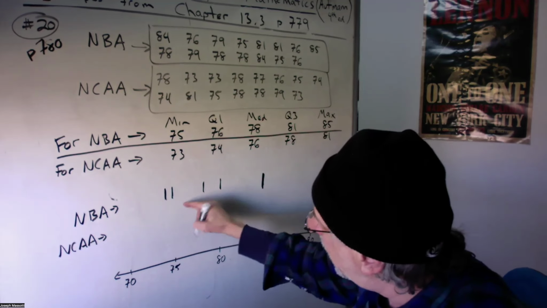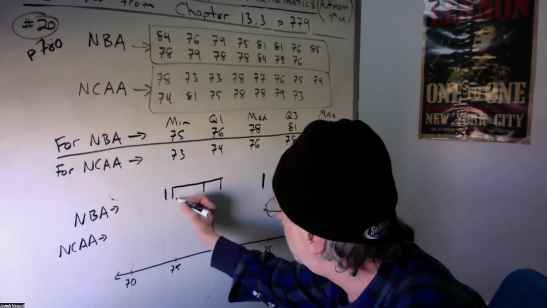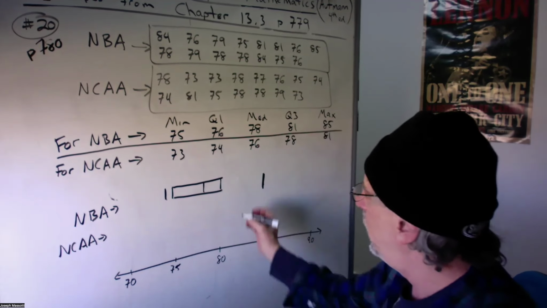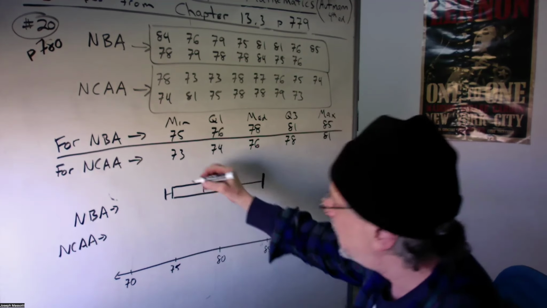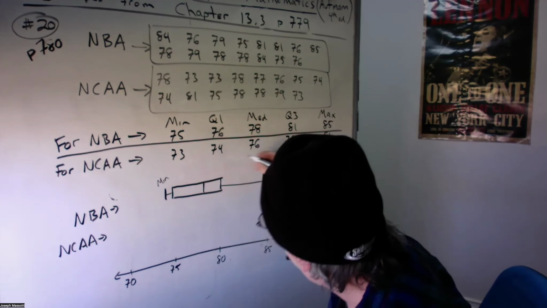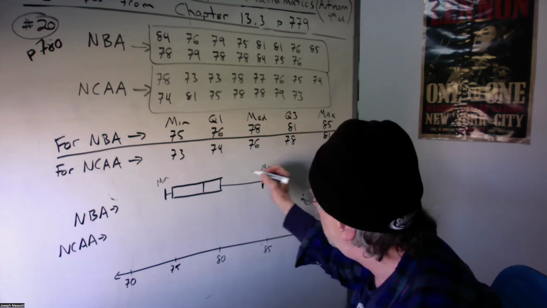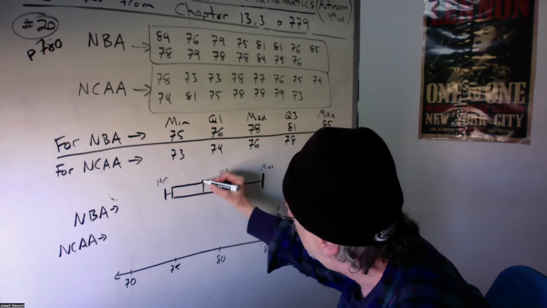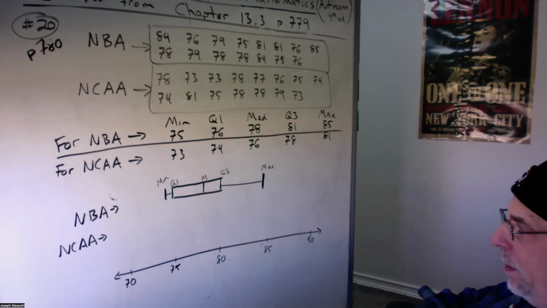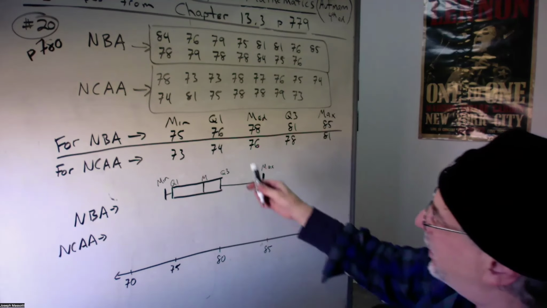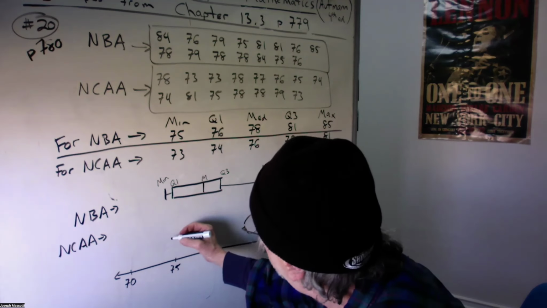Now the 3 middle lines is what your box is going to be constructed by, and then you draw whiskers out to the minimum and maximum. So this is the minimum, this is the maximum, this is the third quartile, this is the median, and this is the first quartile.